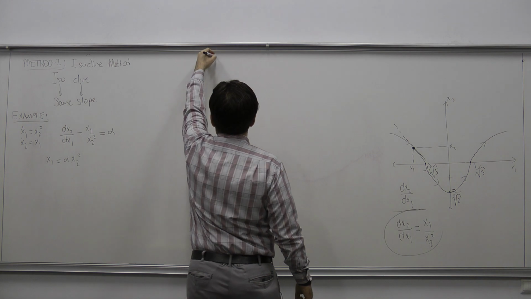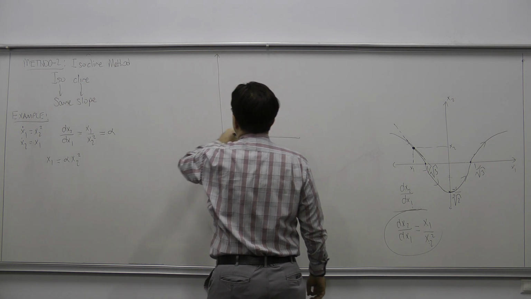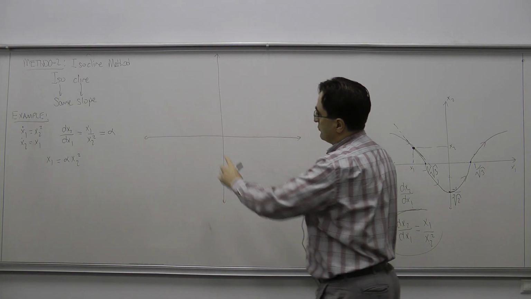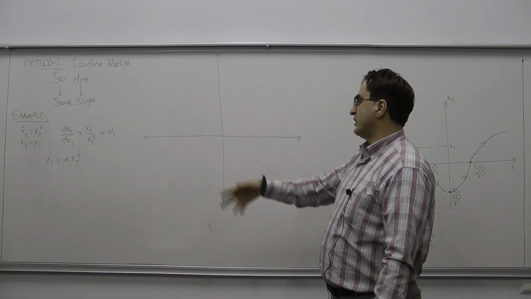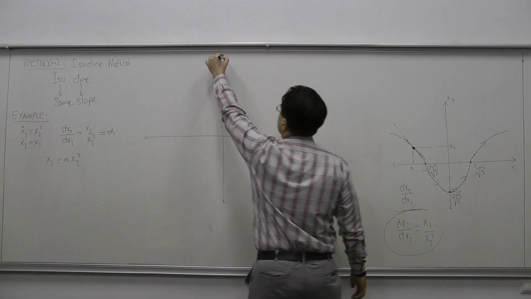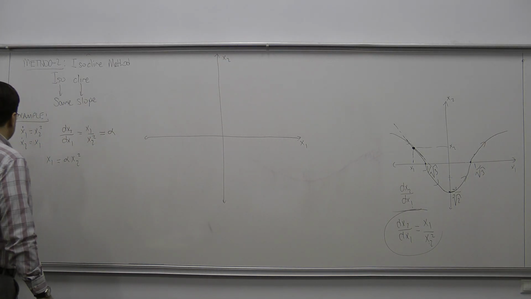So let me draw another x1, x2 plane to draw the trajectories. In this case, you see that I'm not given any initial condition, because we will be able to draw multiple trajectories at the same time using the Isocline method. So I have x1, x2 here, and let me take alpha equals 1.